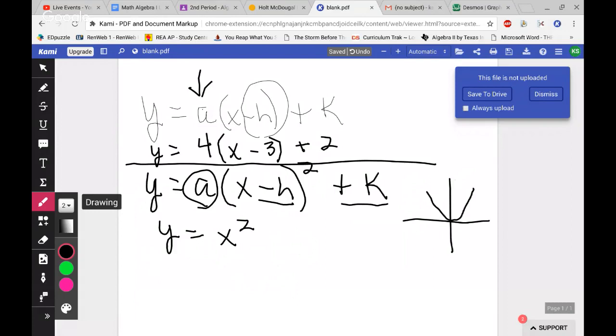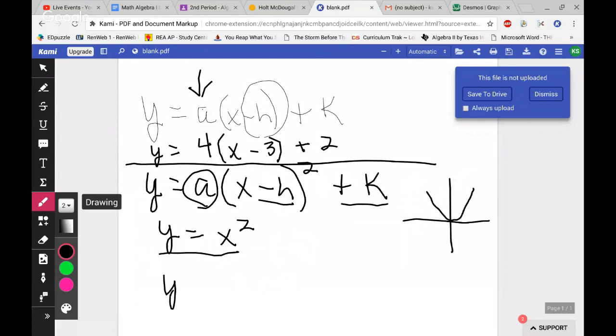A better way of thinking of it is if this was a whole number like 2, it's going to squish in toward the y-axis because it's going to get steeper faster, just like how slope would adjust it. And we'll do some Desmos and play with that in just a minute after I get done going over this with you. So this is the parent graph.